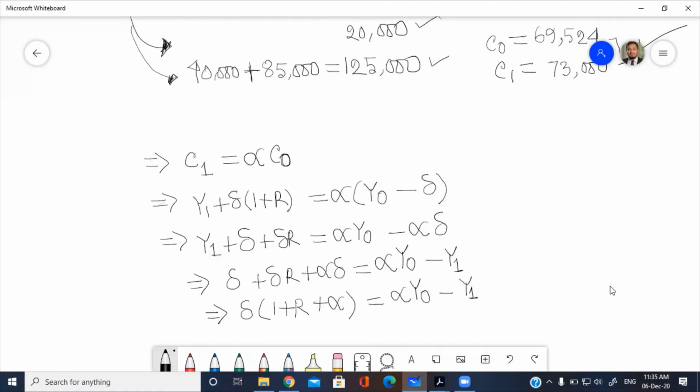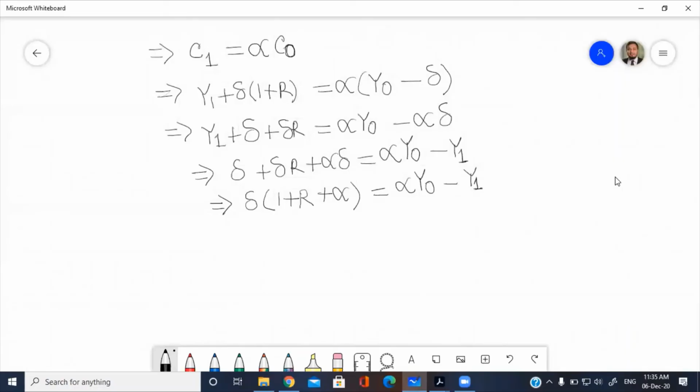Then can we express delta? Delta means what? Savings. Or negative, that is borrowing. If delta is negative, what does it mean? Borrowing. Okay, and I think you are very confident about the amount of delta when we think of it in terms of the figure.